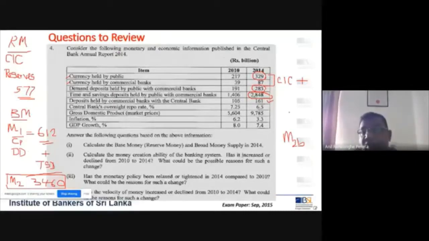So if you have foreign currency deposits given in this table, actually you have to calculate not M2, but you have to calculate M2B. Now in this case, we don't have foreign currency deposits. Otherwise, if it is given, you have to calculate M2B. I think we have another question. There you will see that difference.